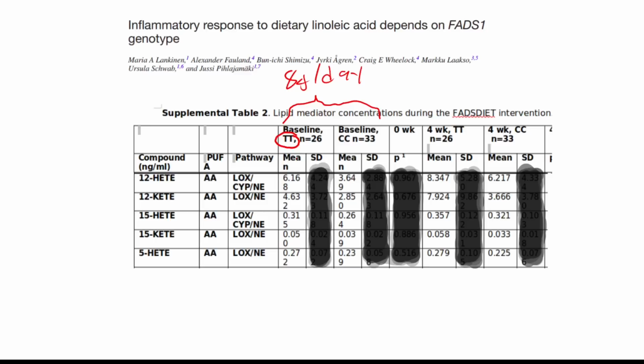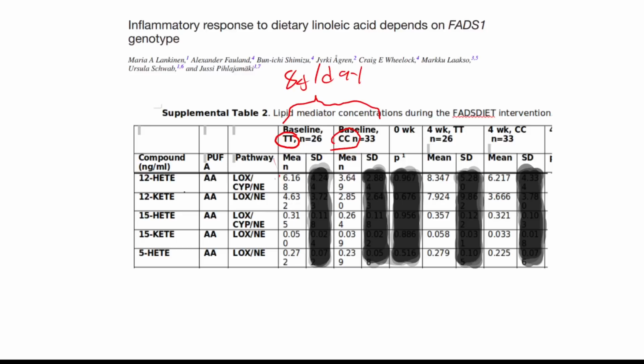You can either have both copies be the T allele, or you can have both copies be the C allele, or you can be somewhere in the middle. But they left out the people in the middle. They only measured the 2 extremes because they wanted to show a more dramatic result. And so these are the 2 different versions of this one gene that you can have.